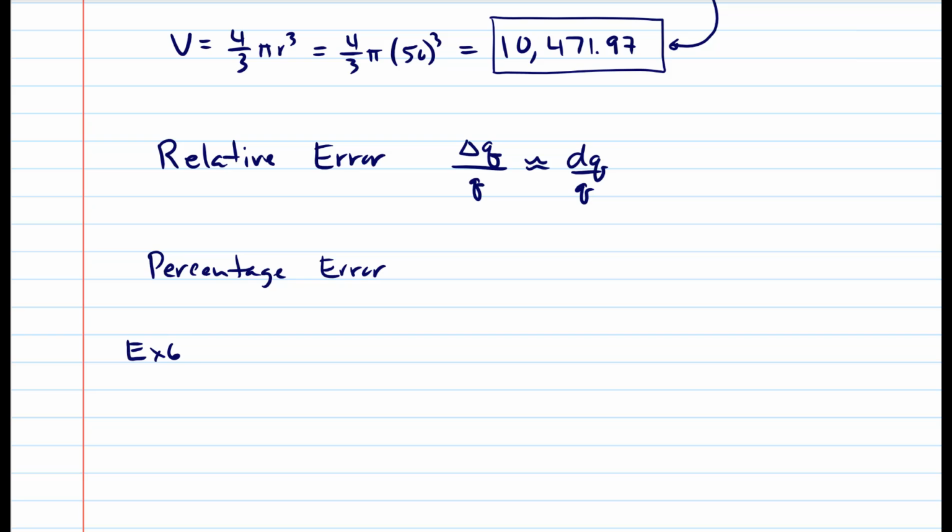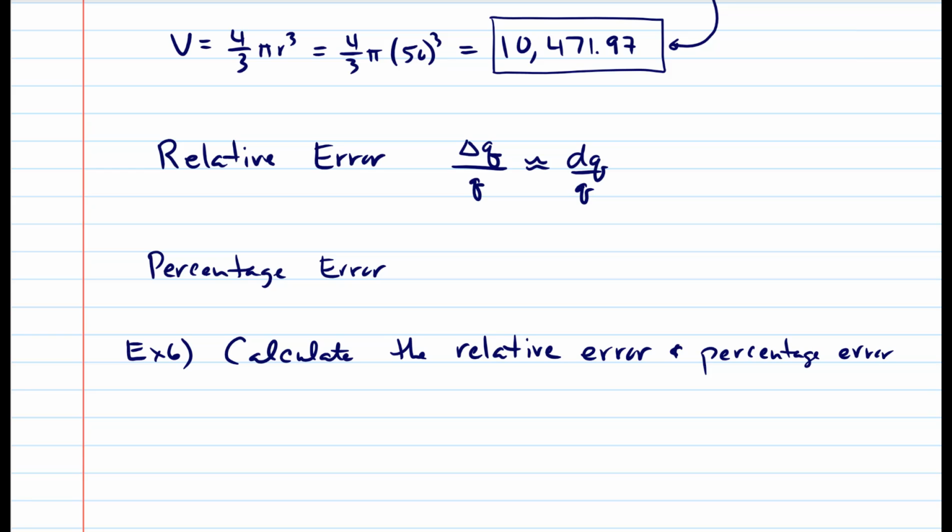So this is problem 6. The question is this: calculate the relative error and percentage error in R and V. Let's use the same numbers that we had before.